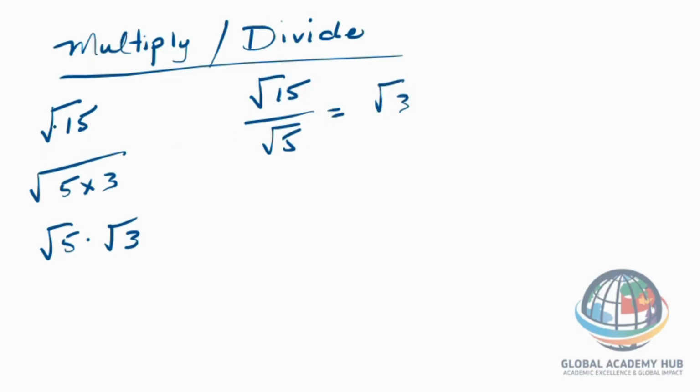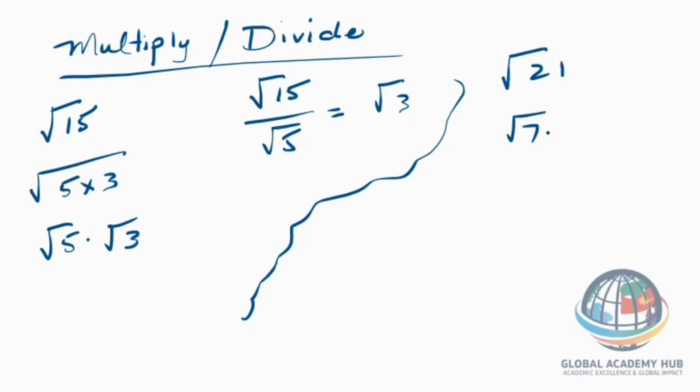Now, these only work when multiplying and dividing. So here's another example. If I have the square root of 21, that is the same thing as the square root of 7 multiplied by the square root of 3.